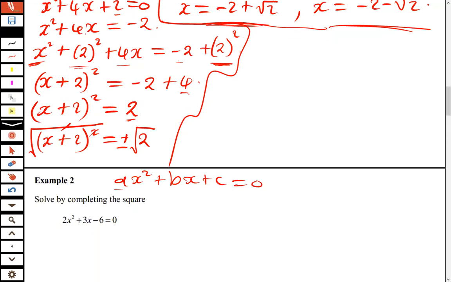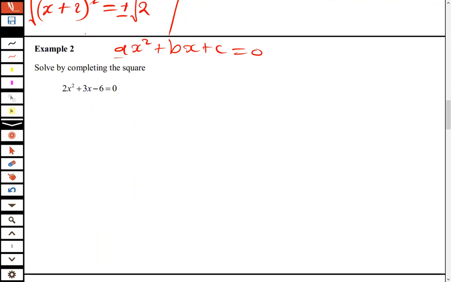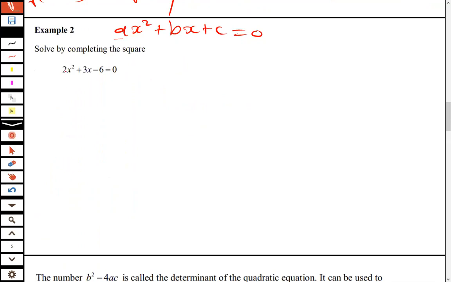Now, in this case, the value of a is 2. So we divide the whole equation by 2. We have the equation 2x squared plus 3x minus 6 is equal to 0.